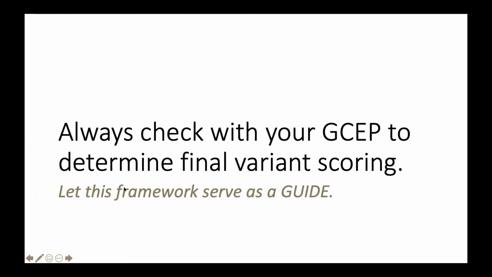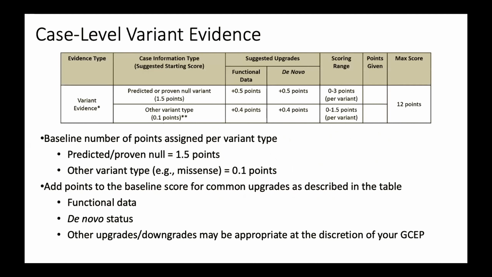We do want to remind you all to please always check with your GCEP to determine that final variant scoring. What we are giving you in this score is a default or a suggested scoring. Each individual will be able to adjust that score per your variant in the case, but we do want to remind you to check with that final variant scoring, and that this framework really is serving as a guide based on our SOP.